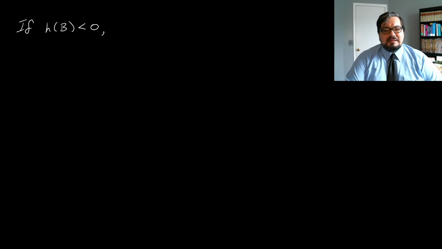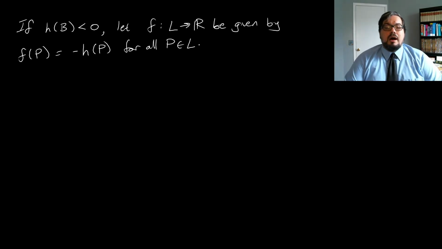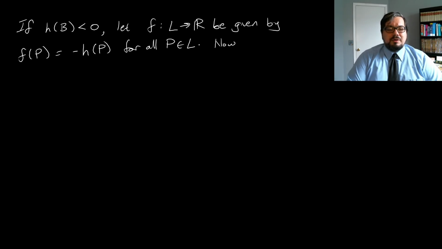So if h of B is less than 0, let's let f from L to R be given by f of P is equal to negative h of P for all P in L. Now, notice that f of B will be equal to negative h of B, but since h of B was negative to begin with, that's going to be positive.